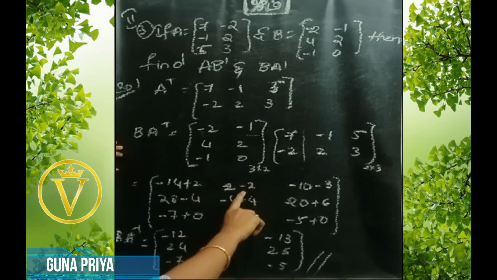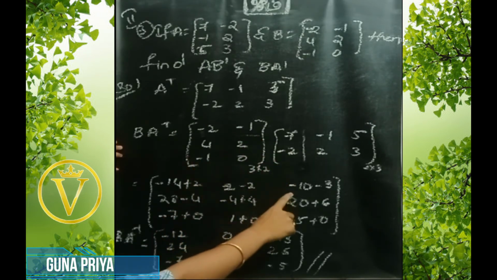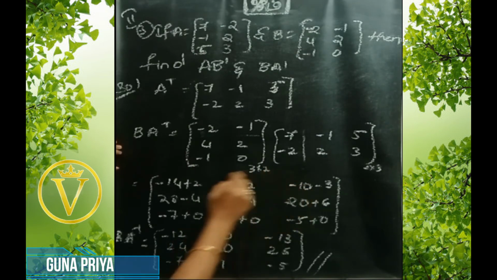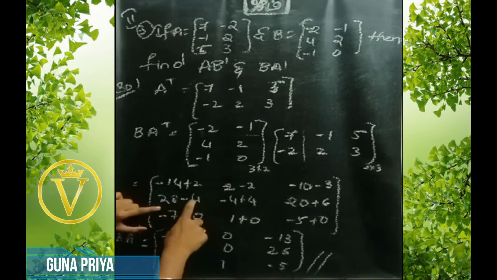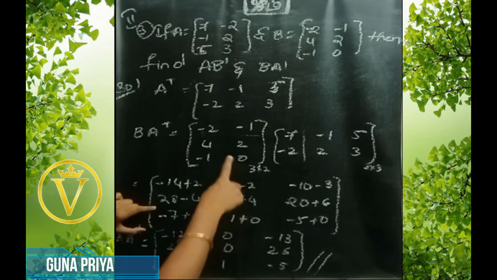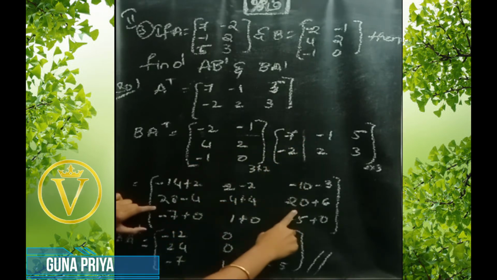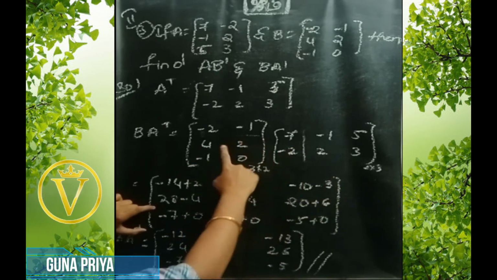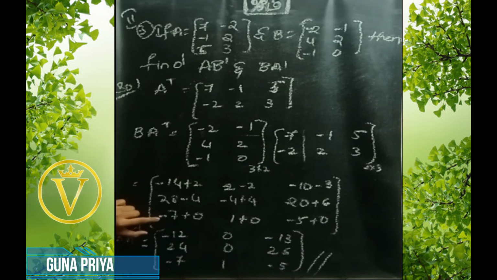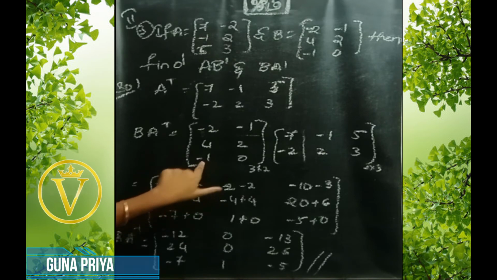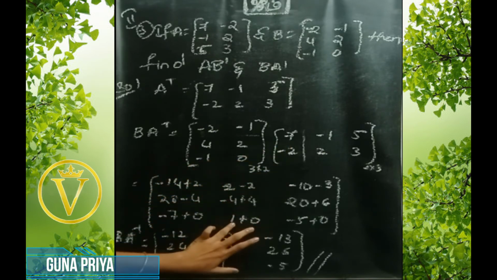Minus 1, that means minus 2. 10, minus 3. 28, minus 4. Minus 4 plus 4. 5 4s are 20 plus 3 2s are 6. So, minus 1 into 7, minus 7 plus 0. Minus 1 into minus 1, 1 plus 0.